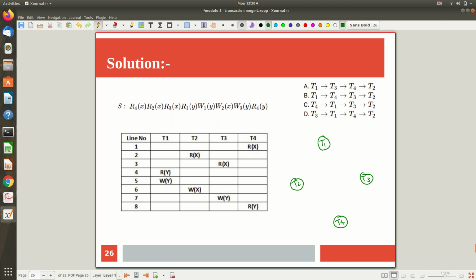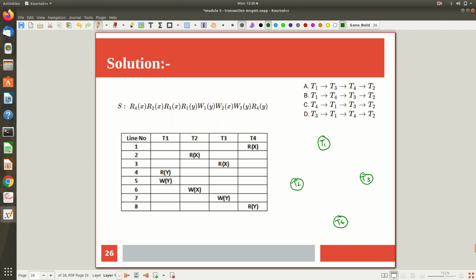Second, it should be on a common data item. And the third criterion is that one of the operations should be a write operation. Then only can I say that these 2 operations are conflicting.